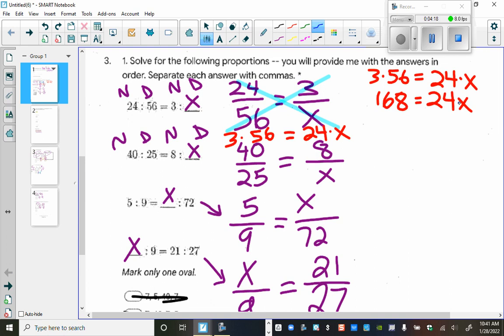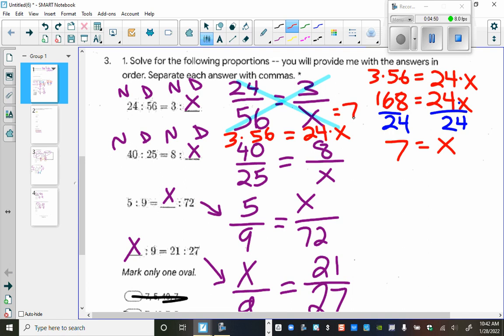We're going to get x by dividing by 24. And what will we get for x? There you go. That's 7. That's going to be your setup.